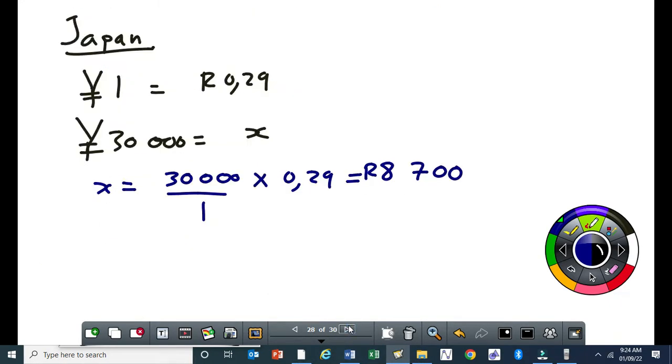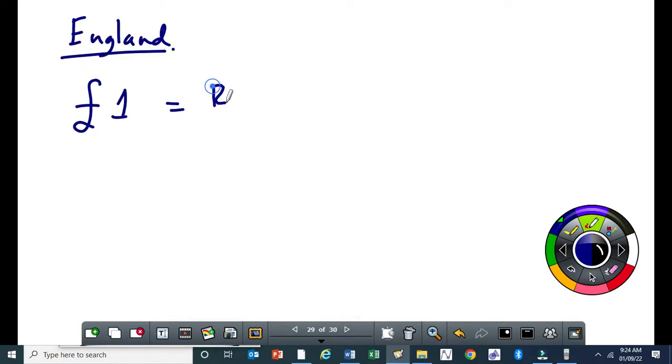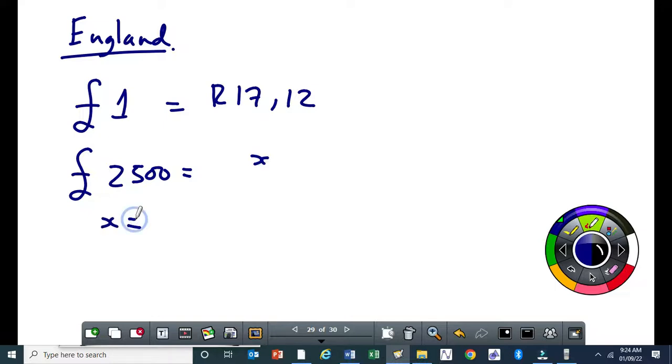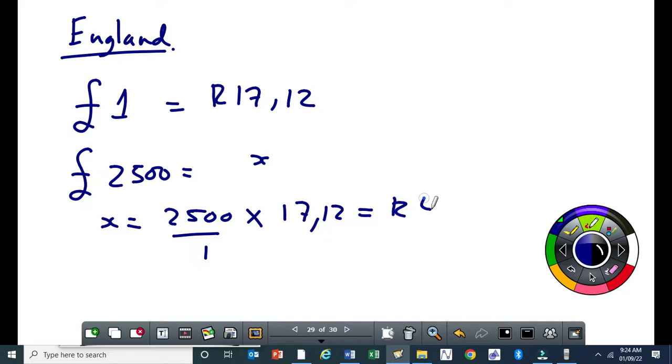Then you have 2,500 pounds. So your X obviously is going to be 2,500 over 1 times 17 rand and 12 cents. What answer do you get? 42,800.